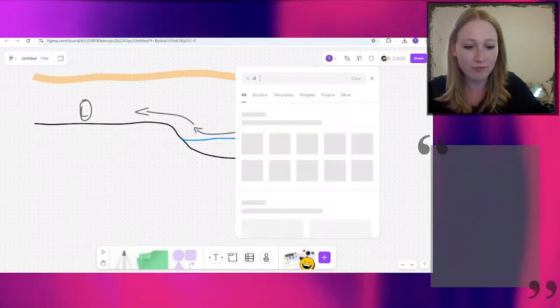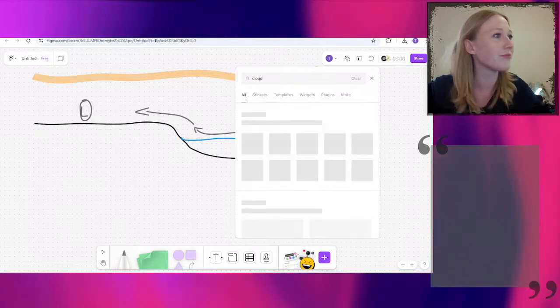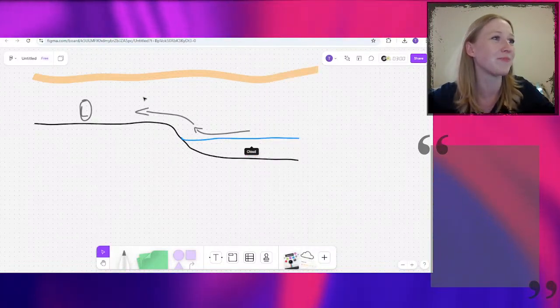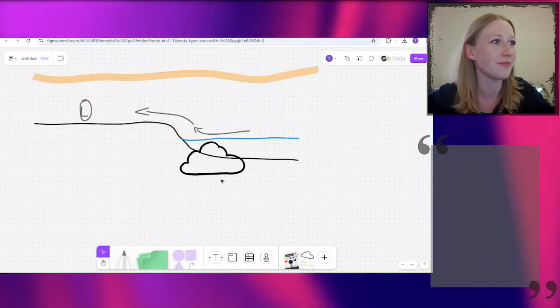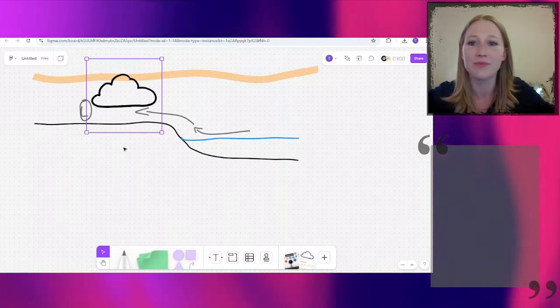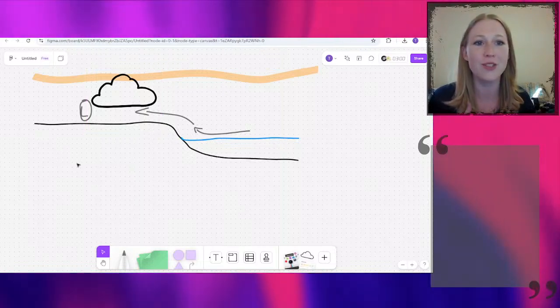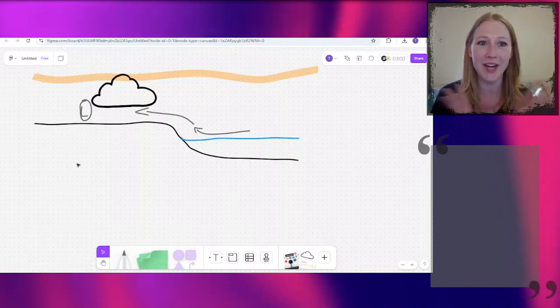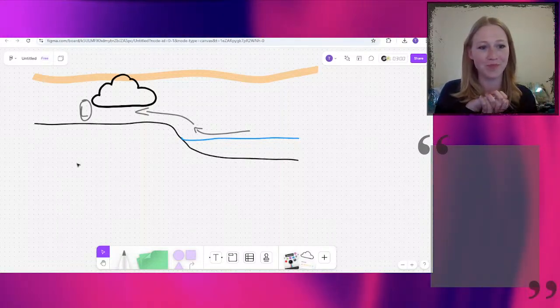Cloud? Yay. There we go. And that can form clouds with rain. Okay, I hope that's making sense. My terrible drawing is making sense.